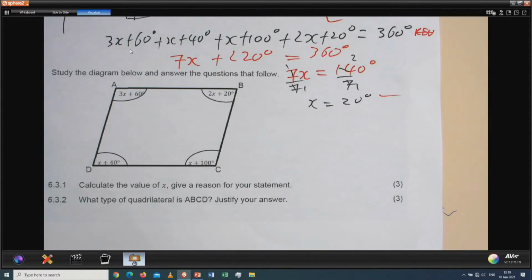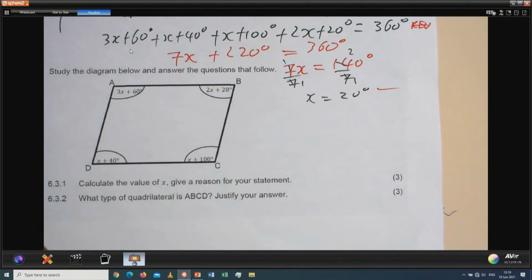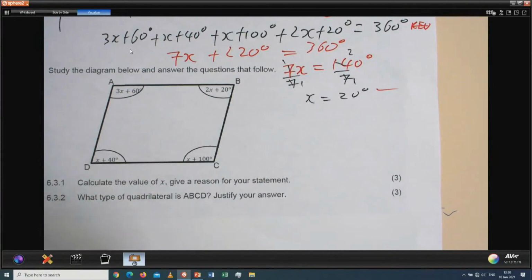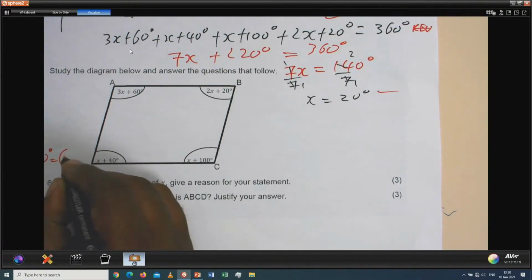It's up to you, but it's also important to start with the first angle. You want to check whether opposite angles will be equal. Actually, let's start with D. D is x plus 40, which is 20 degrees plus 40 degrees, gives us 60 degrees.